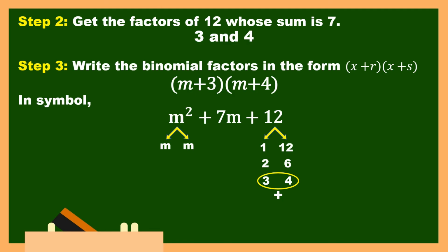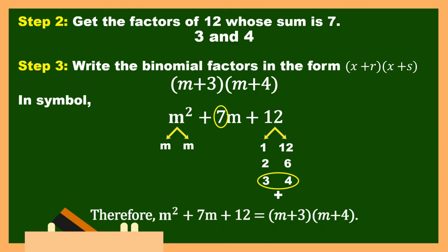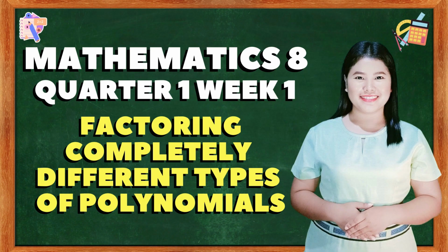Kasi i-add lang natin 3 plus 4 is equal to 7. And that 7 is the numerical coefficient of the middle term dito sa ating given na trinomial. So therefore, m squared plus 7m plus 12 is equal to the quantity of m plus 3 times the quantity of m plus 4.